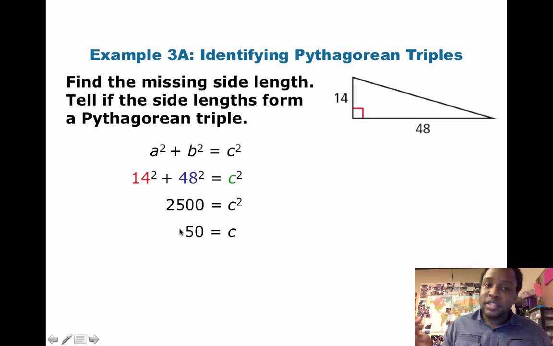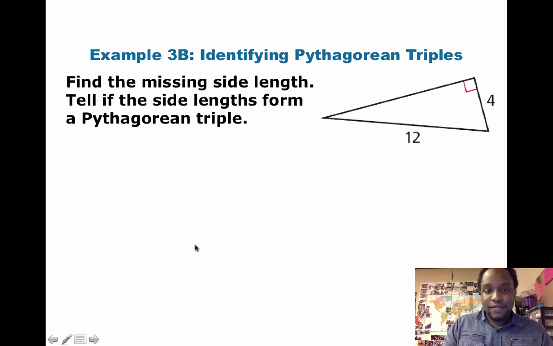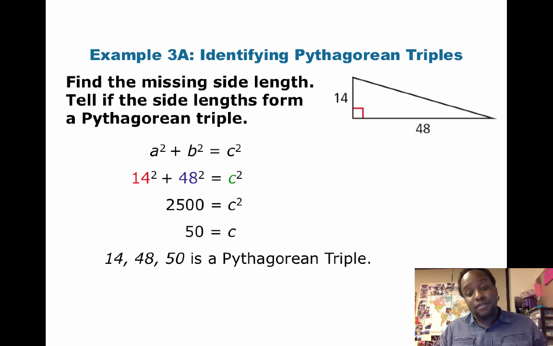So that must mean that this is a Pythagorean triplet. But which of the basic triplets is it? Well, if we divide 14, 48, and 50 by 2, we get 7, 24, and 25. And so this is the 7, 24, 25 triplet, or 14, 48, 50 triplet.